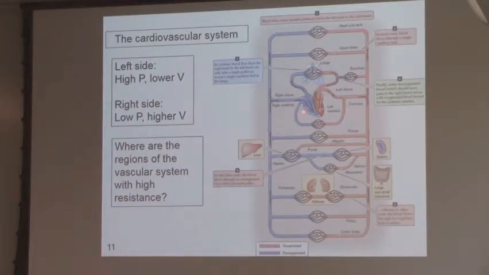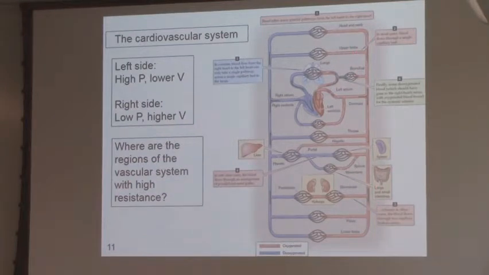Okay, so here's a cartoon of the cardiovascular system, the heart, pulmonary circulation, circulation to the head and to the brain, circulation to the arms, circulation to the liver. You can parse this out. So on the left side of the heart, we have high pressure and lower volume.